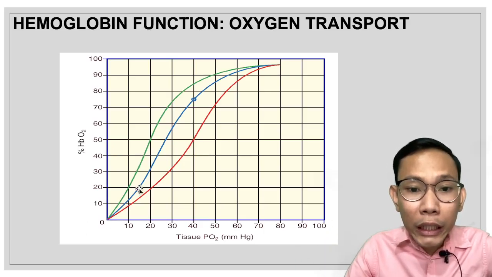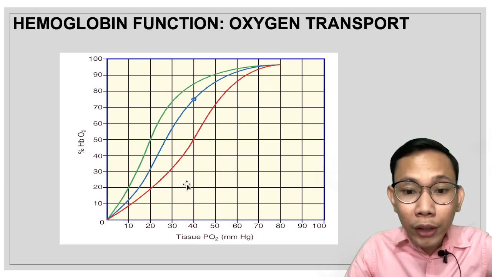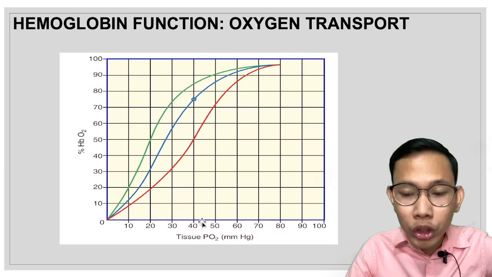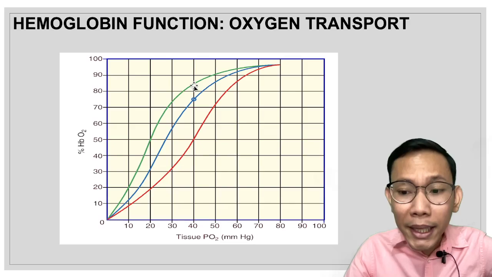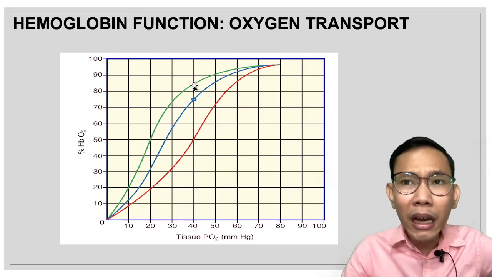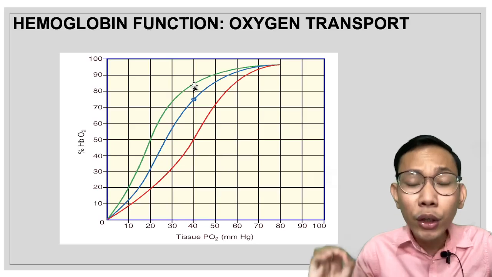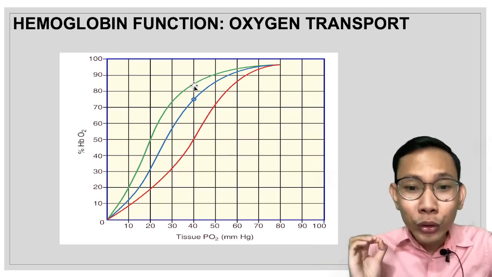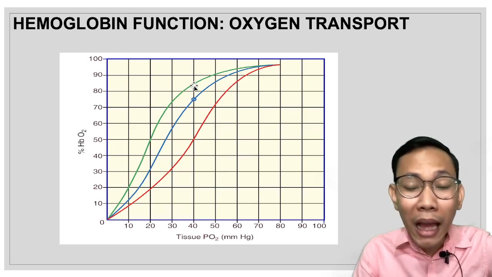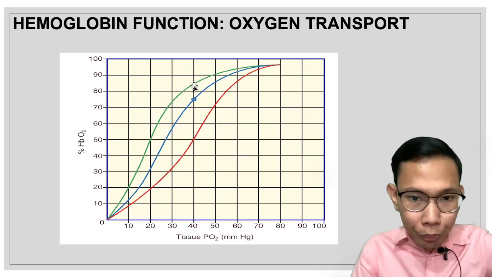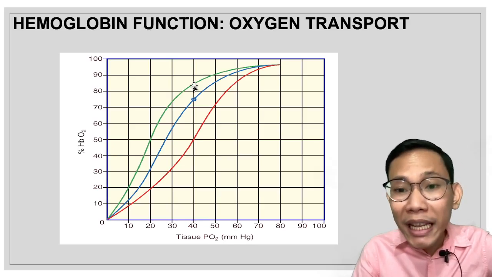How about the green curve, Doc? The green curve at 40 mmHg, hemoglobin is approximately 80 to 85% saturated, meaning it is capable of releasing around 12 to 15% of oxygen. So we conclude, which curve is the one most capable of releasing your oxygen?